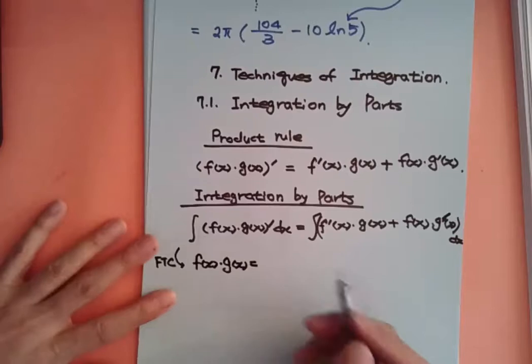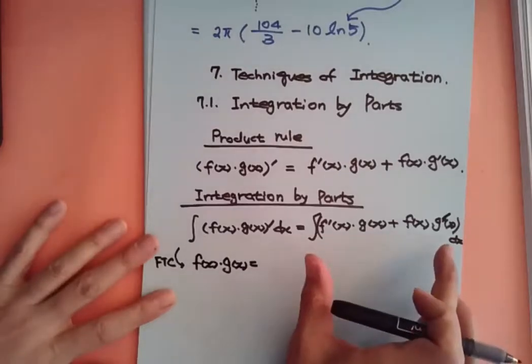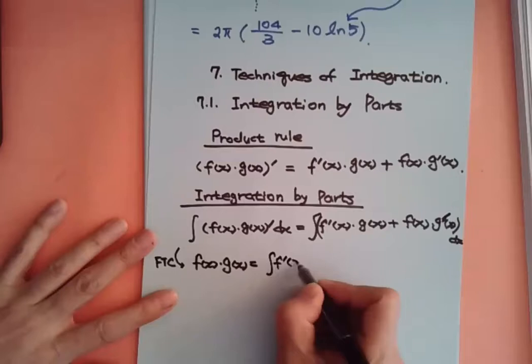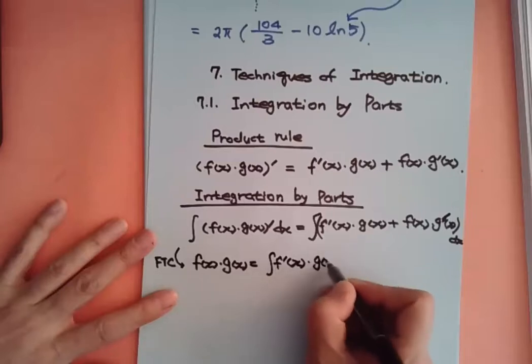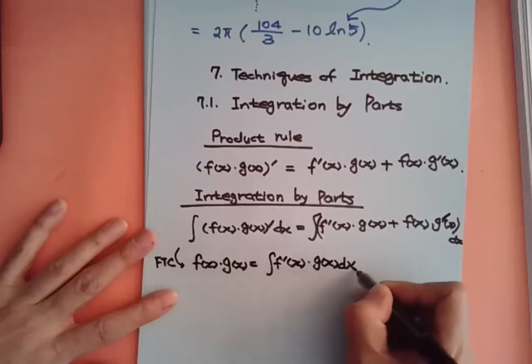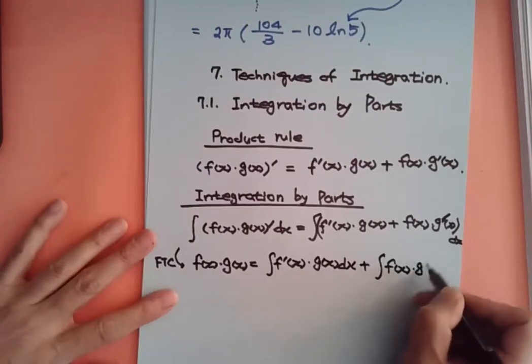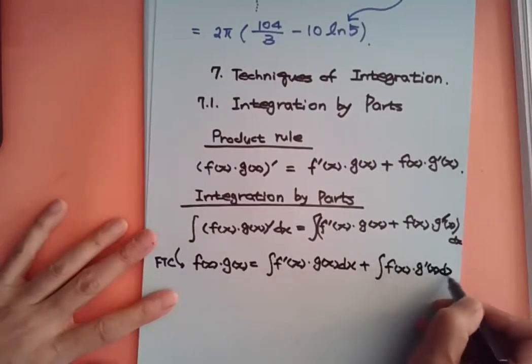And then we can do term by term integration: integration of f prime of x times g of x dx plus integration of f of x times g prime of x dx.